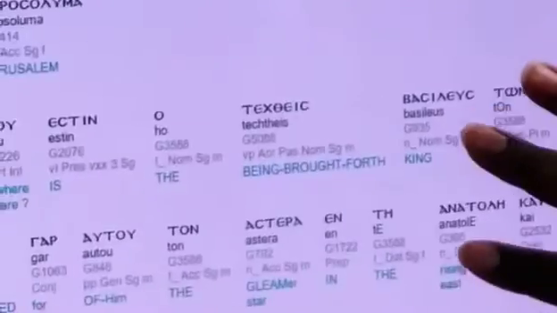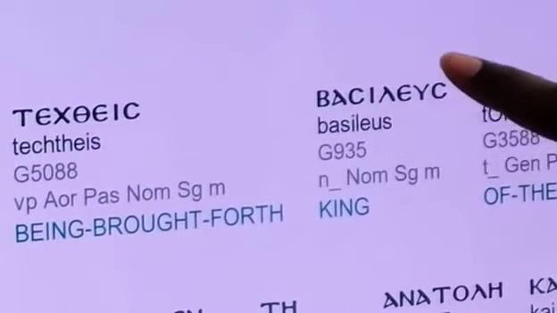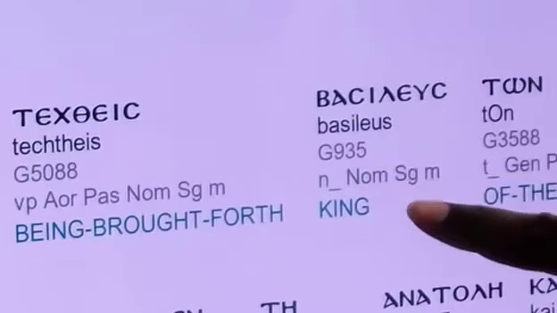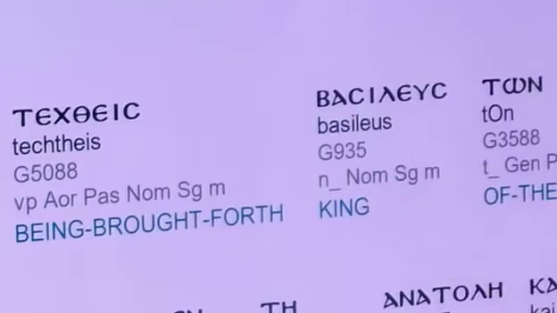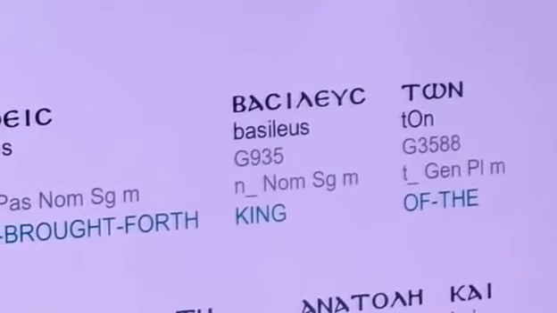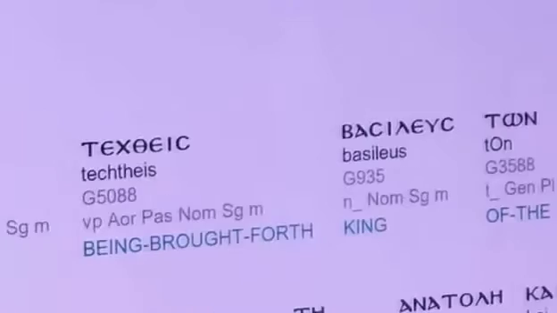Here you see the same exact thing. They have the word in Greek, the transliteration, the Strong's number, and then the translation.